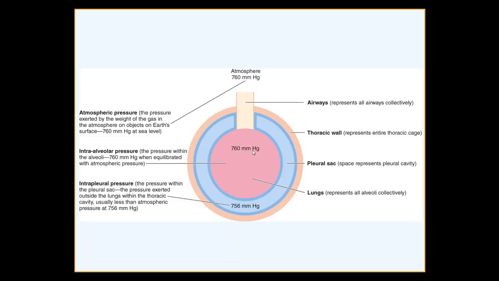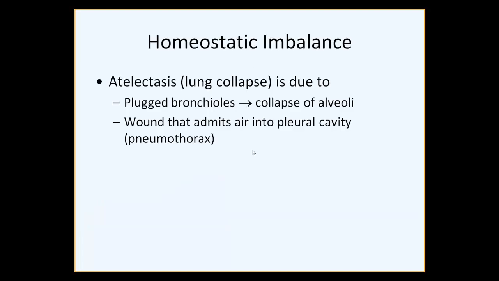And exactly the same thing happens if I would allow air or liquid, blood, effusion to become in that pleural sac. Therefore, I'm losing the negativity of the intrapleural pressure. We agreed that this will cause lung collapse, or what we call atelectasis, and that is the collapse of the lung.